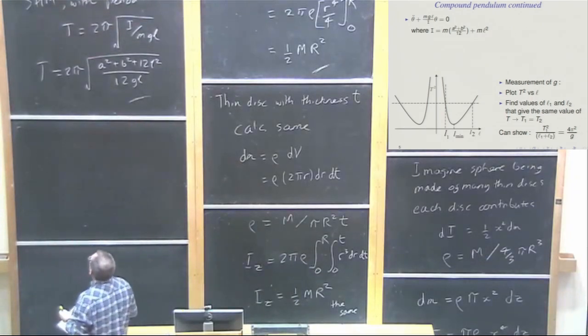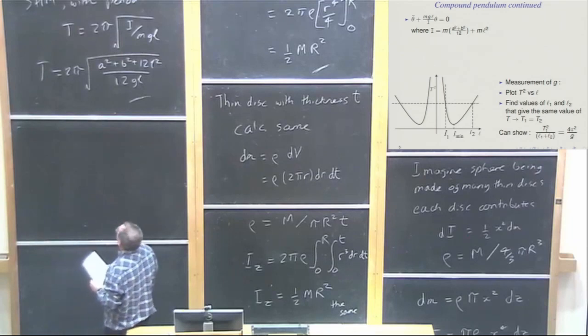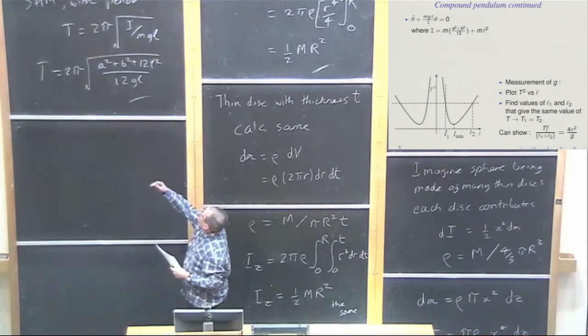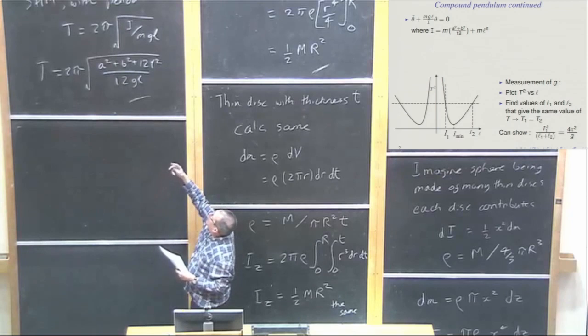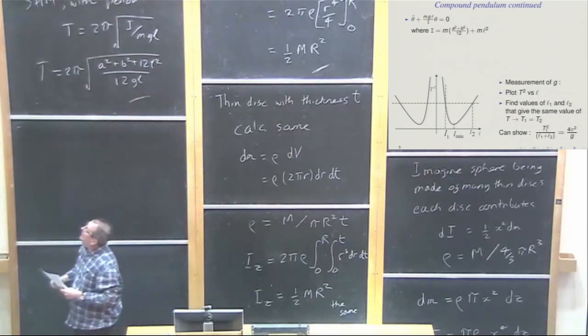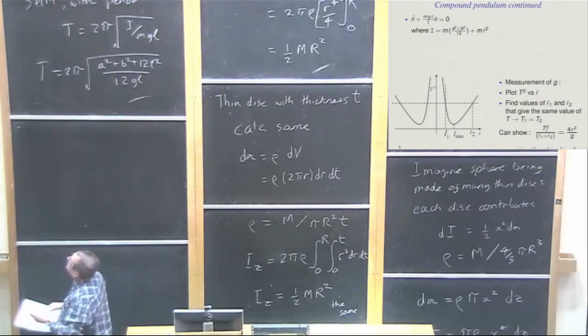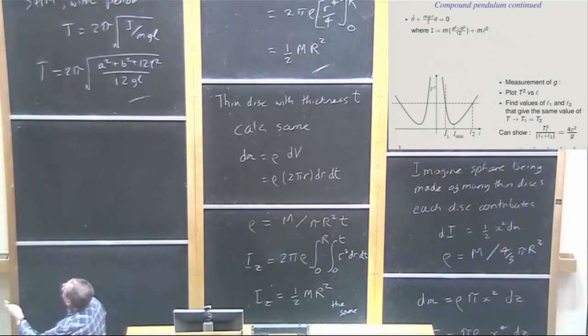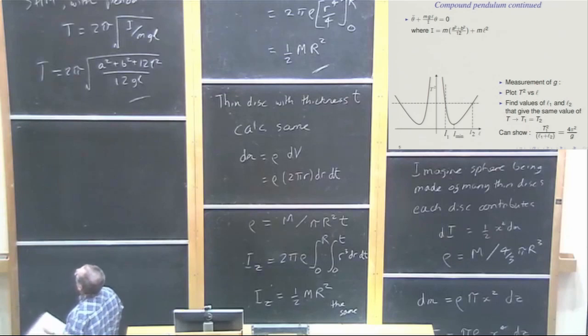But sometimes it might be that for such an object, we don't know what a or b is very precisely, but what we could measure very precisely is L. So let's consider if we were to plot this time period, or the time period squared, as a function of L for whatever a and b is, what would we get? And we would get a curve such as this.